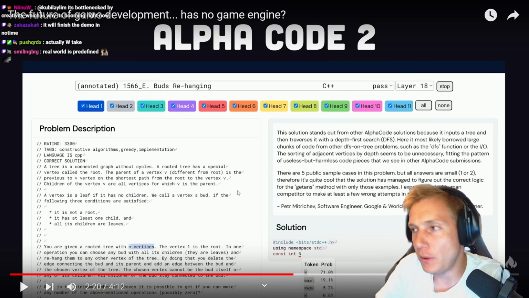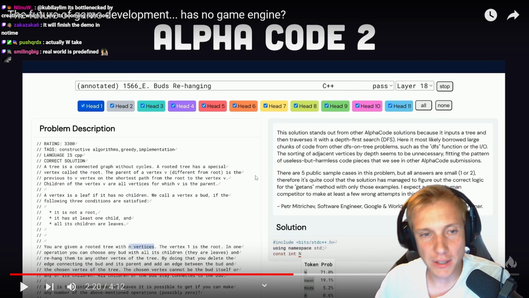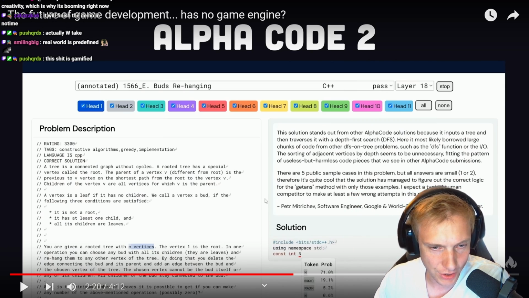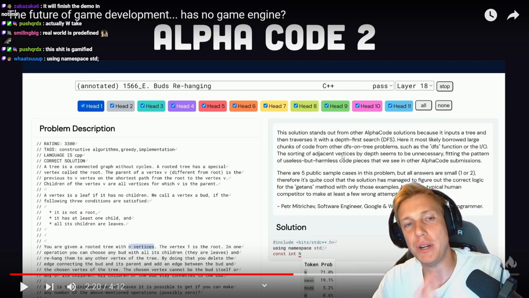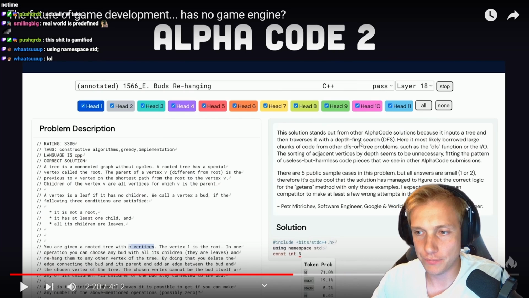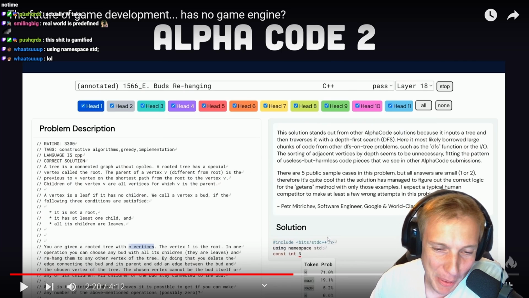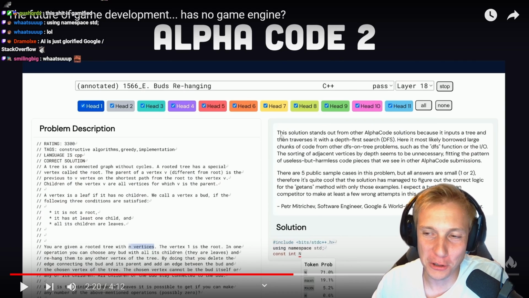Like, this AI falls flat on solving any problem that you come across when, let's say, making a game. Like, this is great for predefined problems that have been there for ages. Using namespace std. That's bad. Yeah, true. Good catch there.